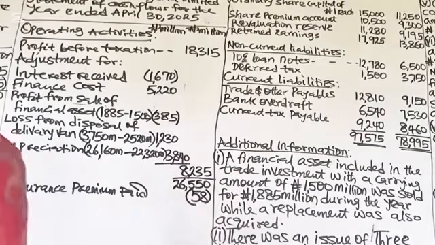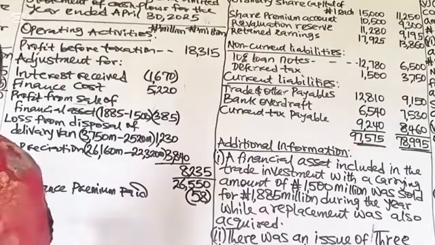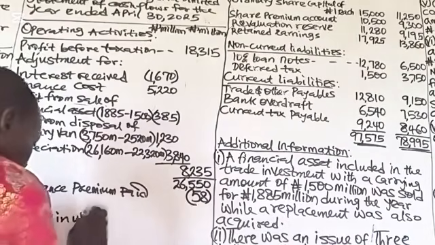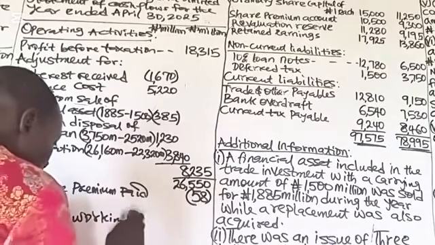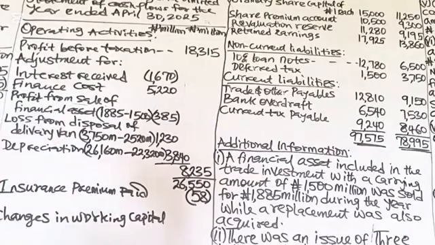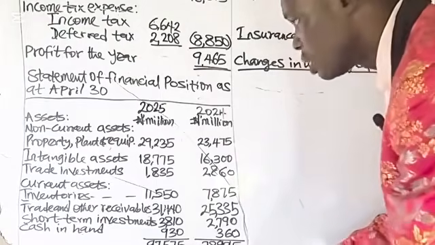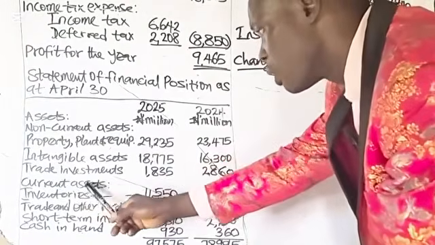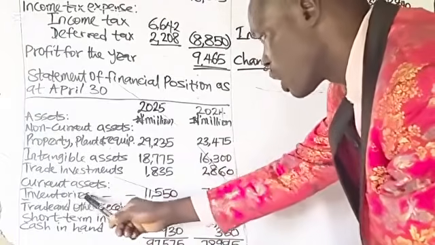After this, we now have the adjustment for changes in working capital for the period. Remember, working capital are items of current assets and current liabilities. We are starting with the current assets as components of working capital.